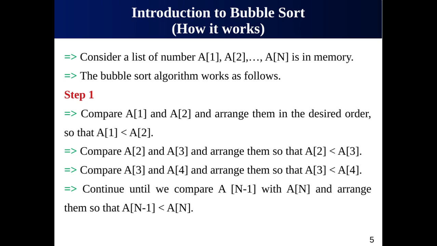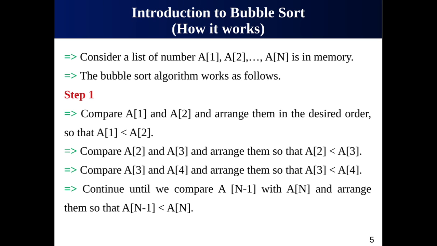Now you have to compare a3 and a4, the element at the third location and the element at the fourth location, and do the same thing. Arrange them in a logical order such that a3 must be less than a4. If they are already in sorted form, that is, if a3 is already less than a4, then there is no need to swap.